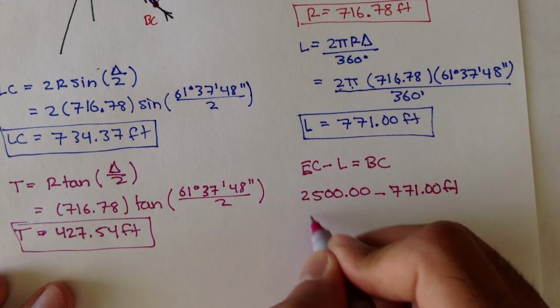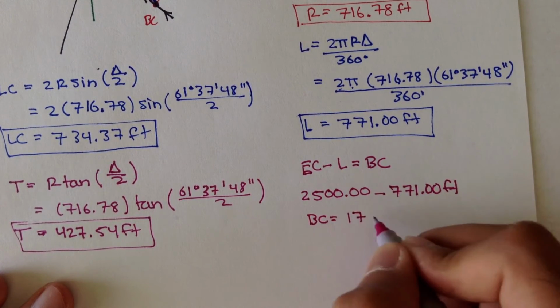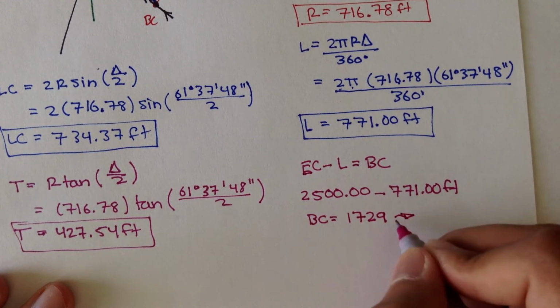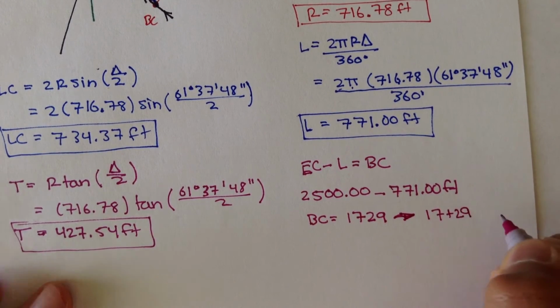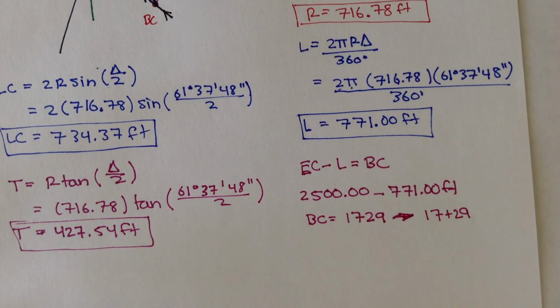And if we do the math, our beginning of curve is equal to 1729, or, it should be 17 plus 29. Okay, so that's the station of our BC.